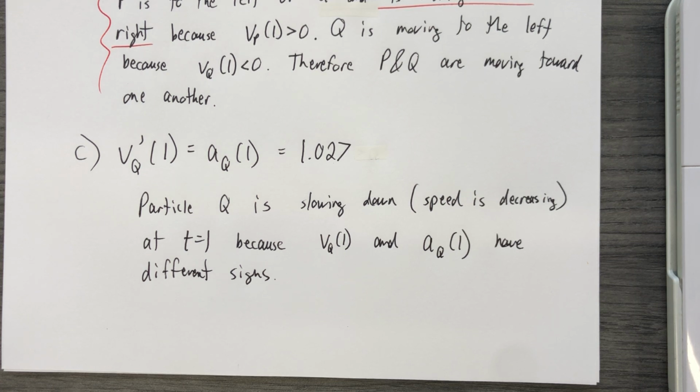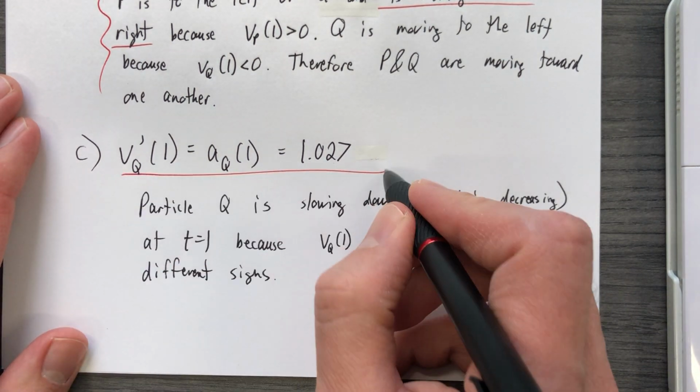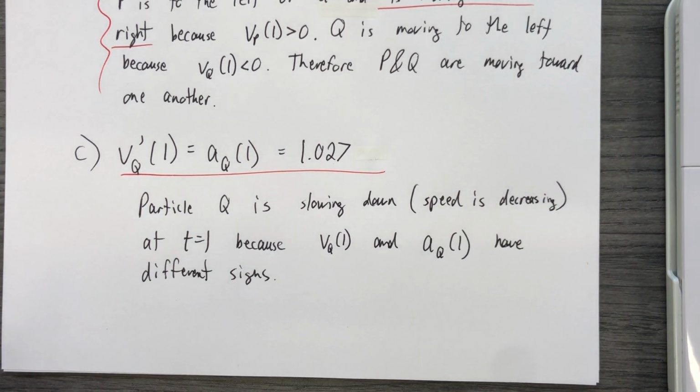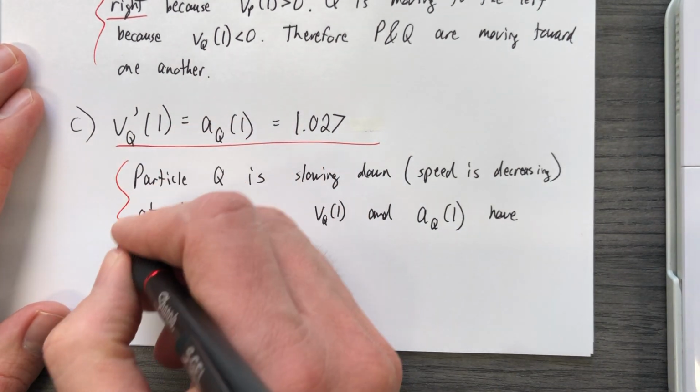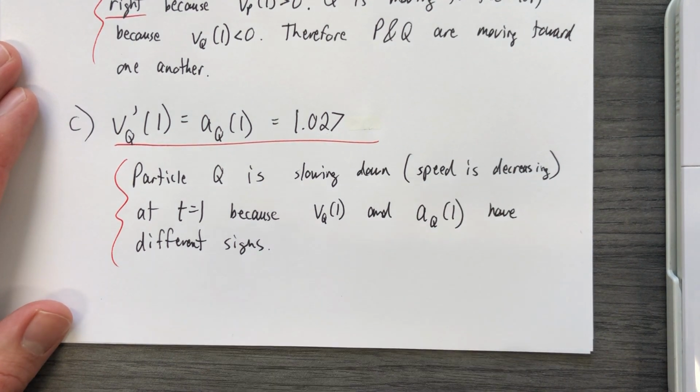I got 100, yay! I get a point for that whole thing. They just need to know that you did the derivative of velocity and got that number. And they also wanted this: they needed to know that you said the speed is decreasing and why, and this is why.